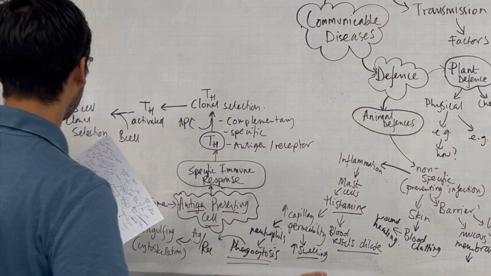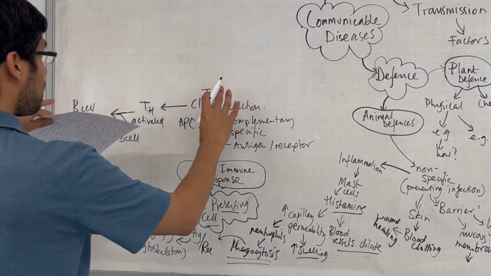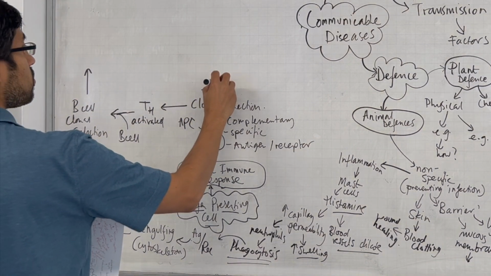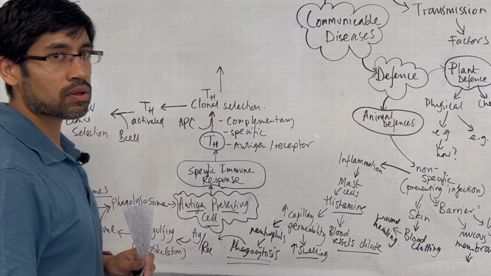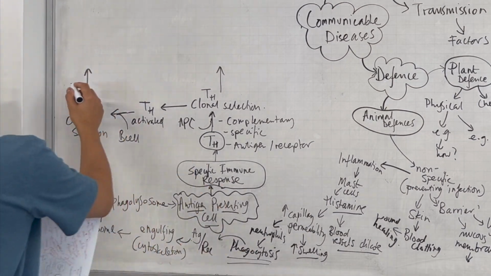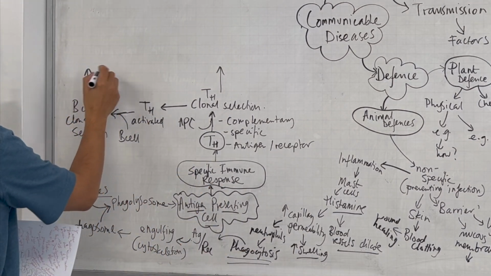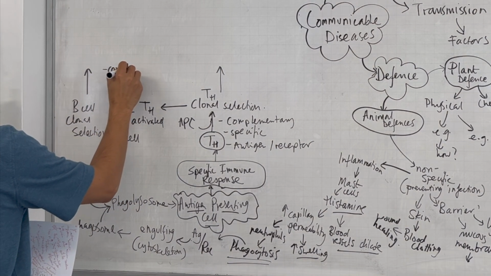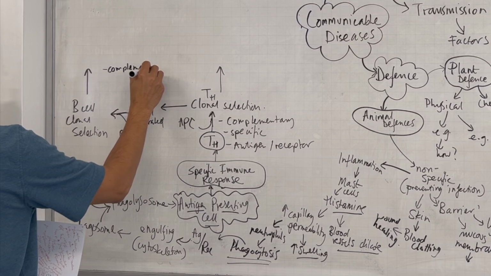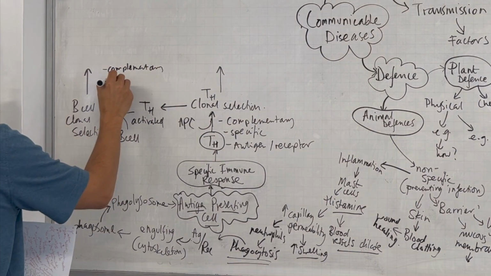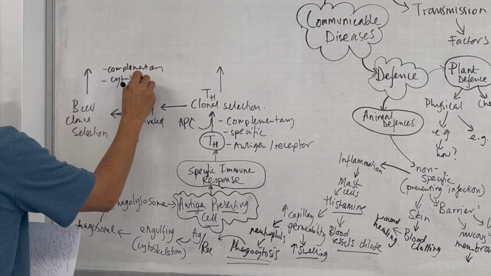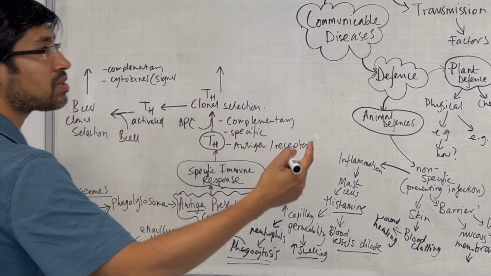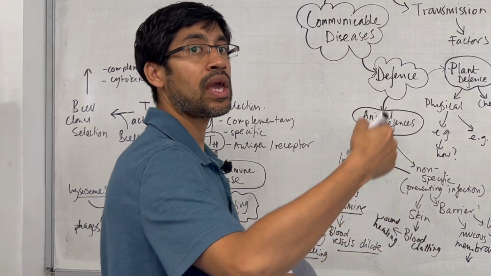Now, after we've selected the B cell clone that's going to be useful and the T helper cell clone that's going to be useful, they both undergo, as a result of complementary antigen binding, a release of cytokines. Again, these are signaling, because this is a cell producing something that's causing another cell to behave differently.